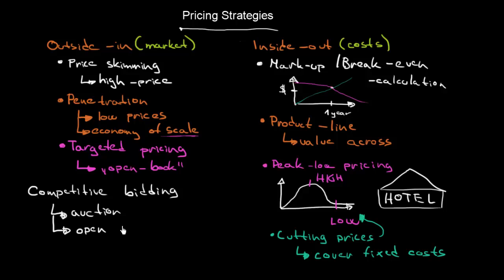In open bids, all of the competitors that are trying to take the deal can see the offerings of the other players, so they can adjust their pricing and their strategy according to it. On the other hand, in a closed bid, you do not have this. Only your customer can see what the players are offering.